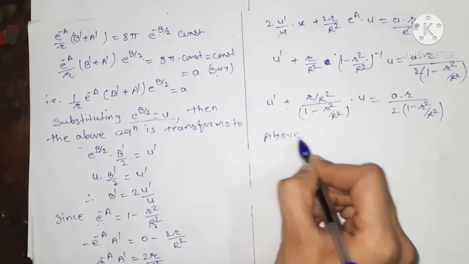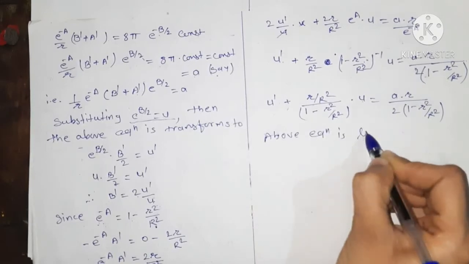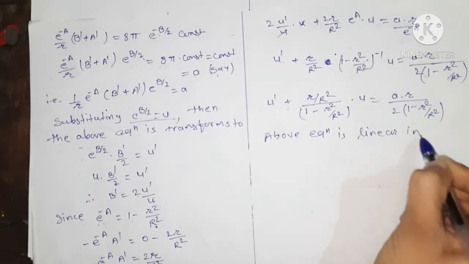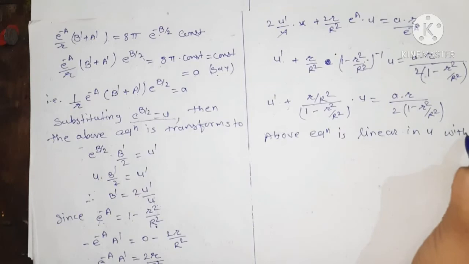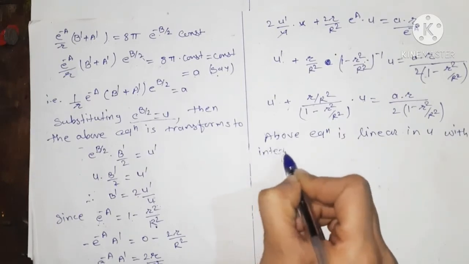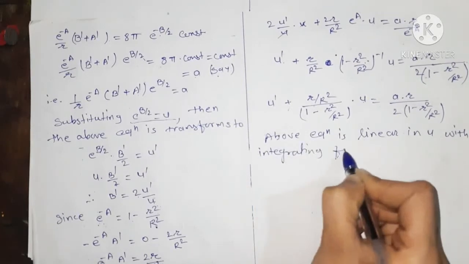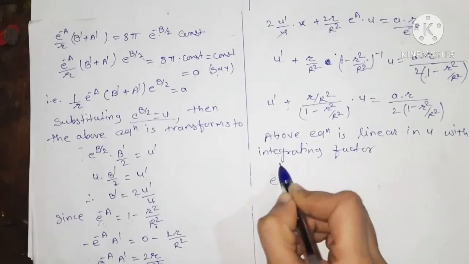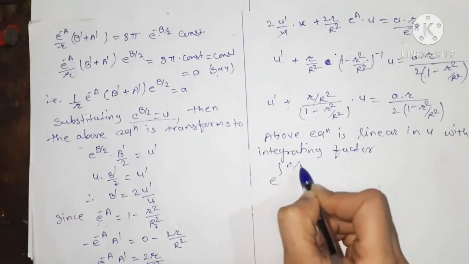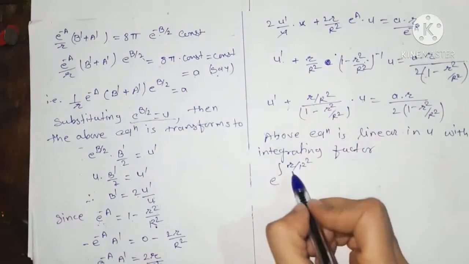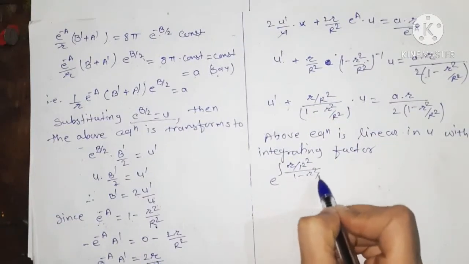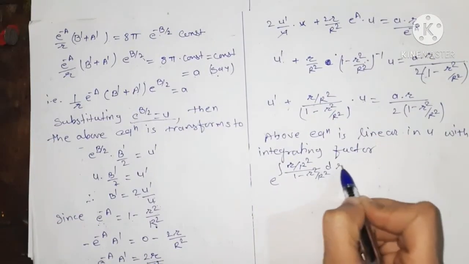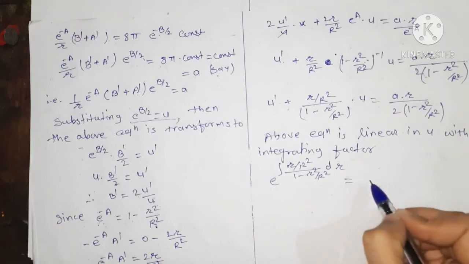Therefore, we write that the above equation is linear in u with the integrating factor e to the power integral of r upon R square, 1 minus r square upon capital R square dr, that is equal to e to the power.